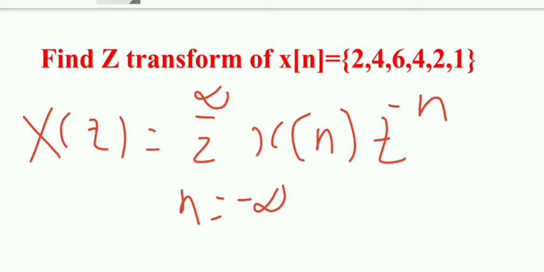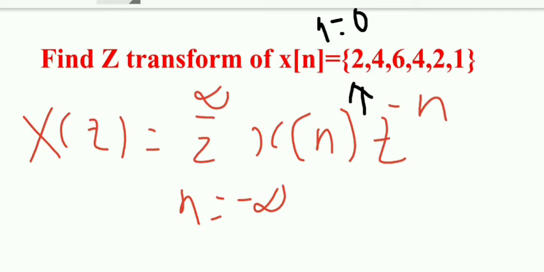Whenever the signal x of n is given, the first sample represents n is equal to 0 if no arrow mark is given. If they give an arrow mark, that represents n is equal to 0. The samples on the right hand side of the arrow mark have positive n, and those on the left hand side have negative n.